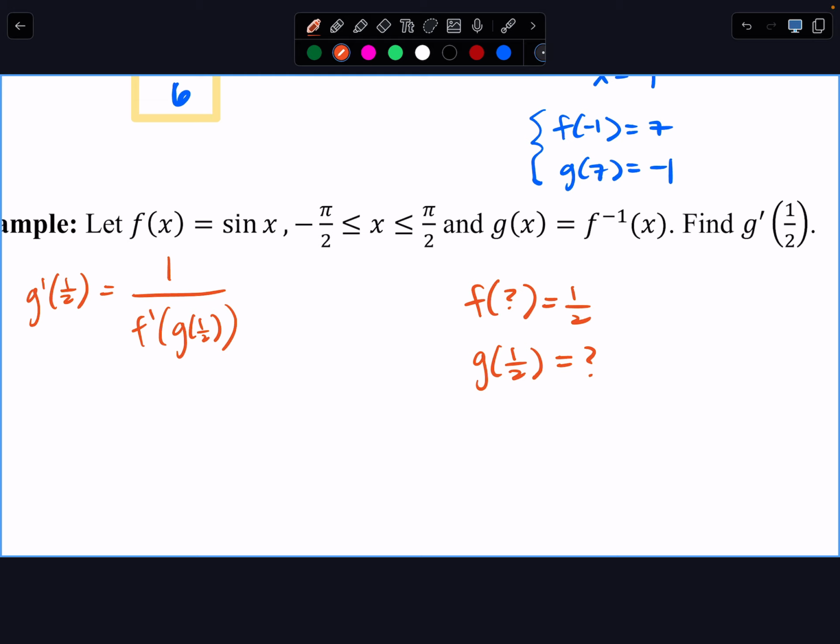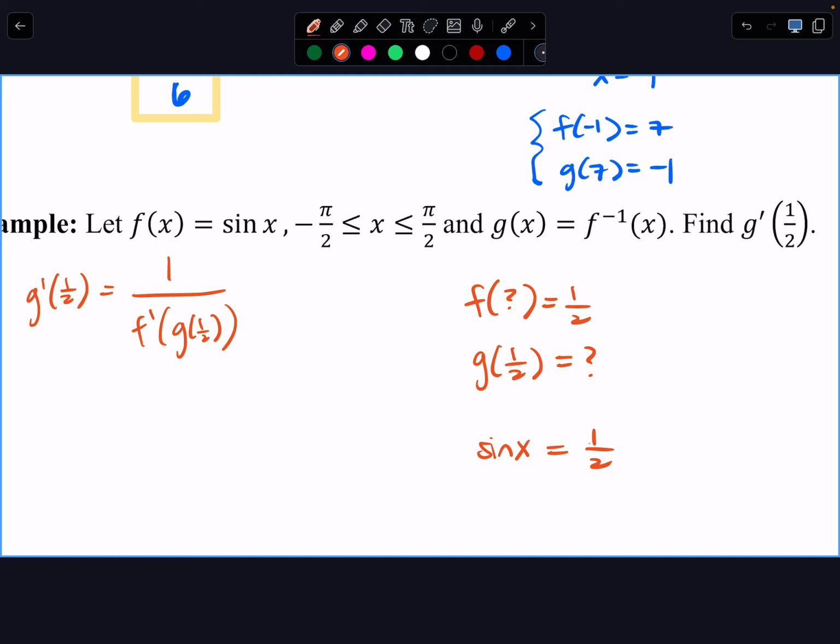Now you could just think, well, what is arcsine of 1/2? You're probably thinking about where sine is equal to 1/2, from negative pi over 2 to pi over 2.